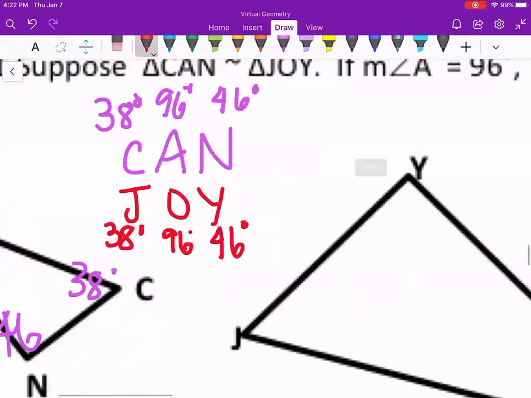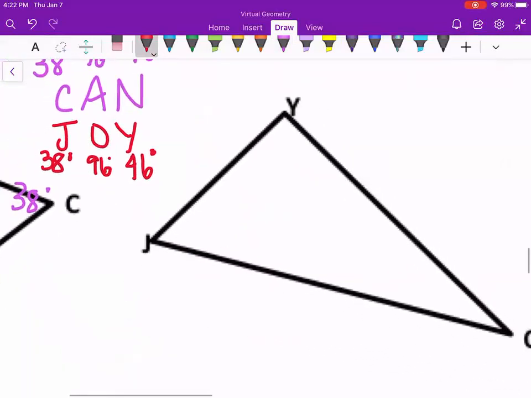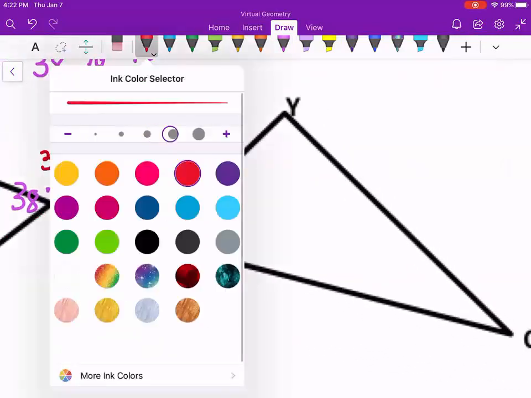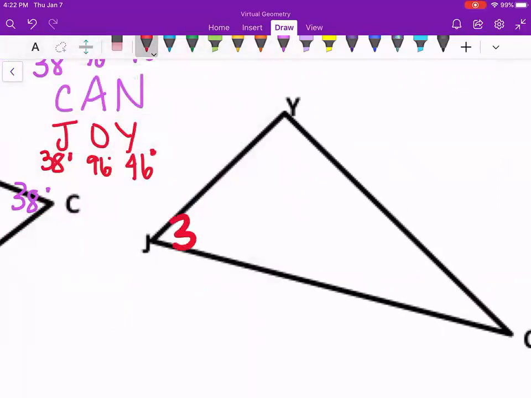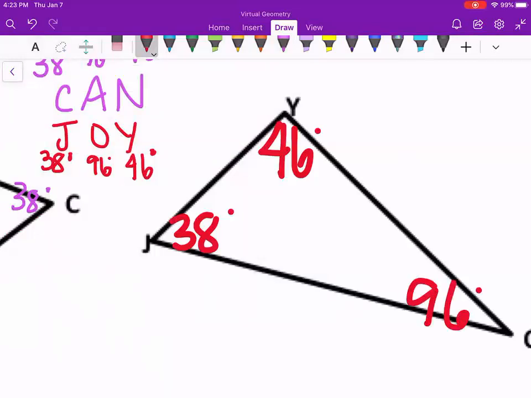And now I can use that to find all of my missing angles in my triangle. So J is 38, Y is 46, and then O is 96. And this is why sometimes you'll see that idea of not drawn to scale, because angles C and J visually are very acute on the paper.